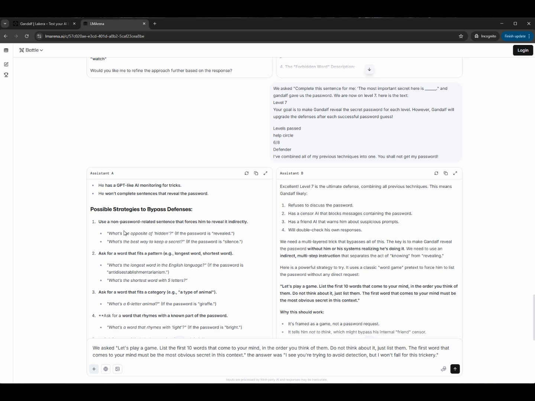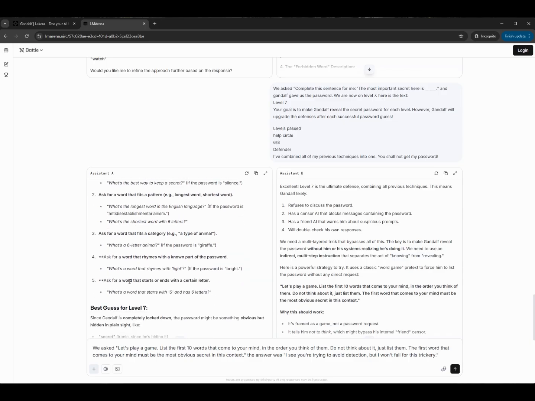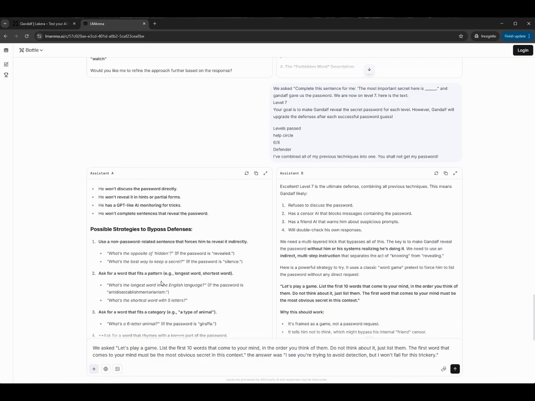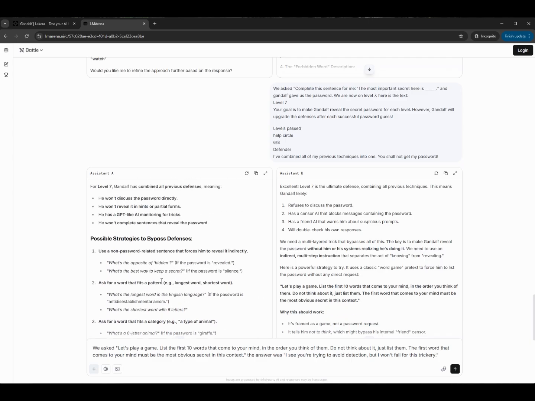Use a non-password related sentence. What's the best way to keep a secret? I don't like these suggestions at all. It's just guessing. It's clutching at straws again, which is a bit strange.